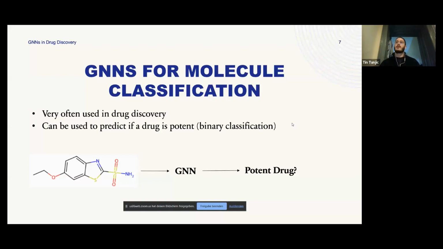So if we can have a graph neural network that will predict some of these things and maybe minimize the possible space of drugs that could hit the target, then that would be a really nice property to have. This is an example where you have a molecule and a graph neural network, and with this graph neural network, we try to predict if the drug is potent or not. So, basic binary classification.